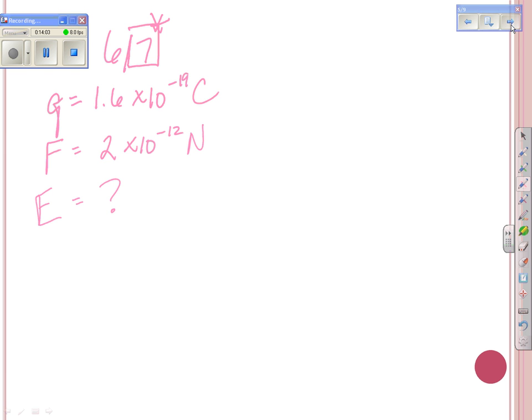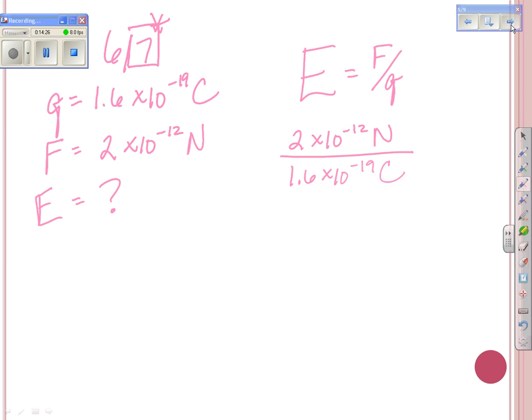Well, we were given the equation in the notes, that it was force divided by charge. Force is 2 times 10 to the negative 12 newtons divided by 1.6 times 10 to the negative 19th coulombs.